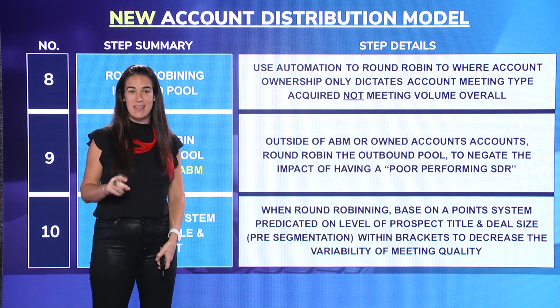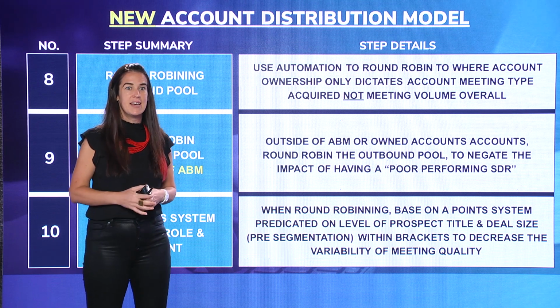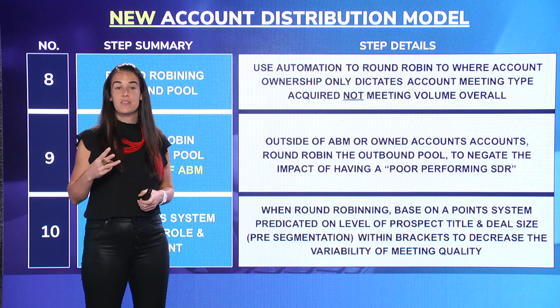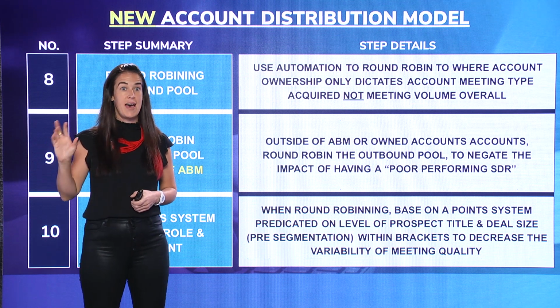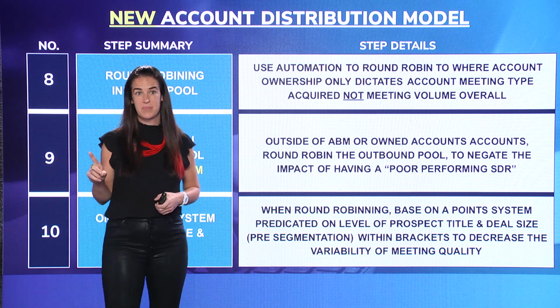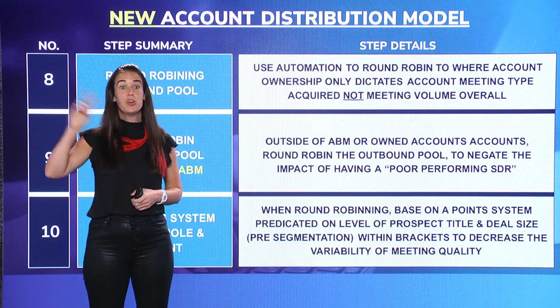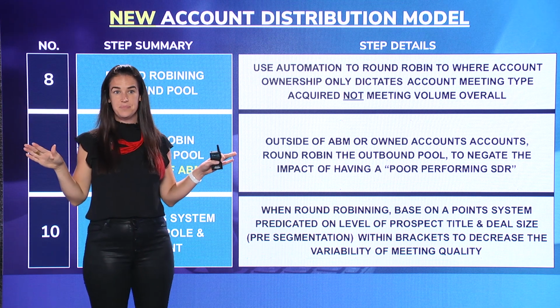So what I mean by that is, let's say that I have 5 accounts in my name, and 3 out of those accounts requested demo, and the next rep has 5 accounts in their name and only 1 account requested demo. And there are 2 more accounts that requested demo afterwards that aren't either one of our 5.